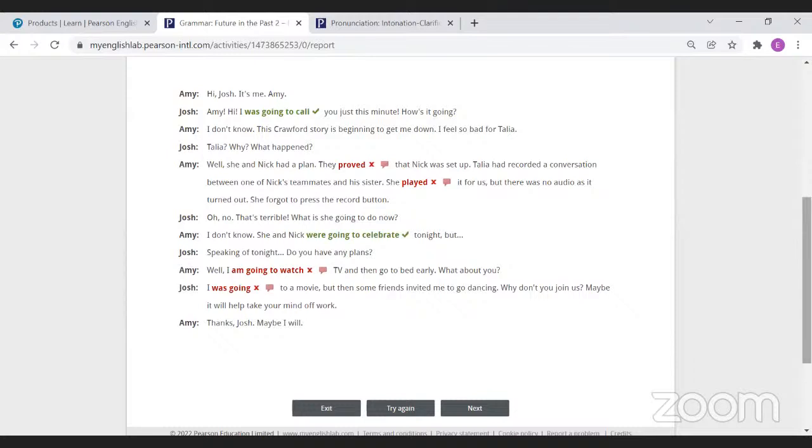The first two, it is because you didn't use be going to, but both verbs are okay. And the last two, it is because the verb is in present, I am. And in the other, you put I was going, but not the verb. So let's try to correct it.